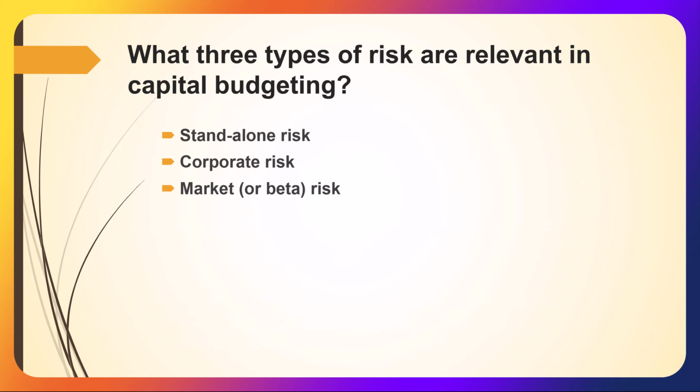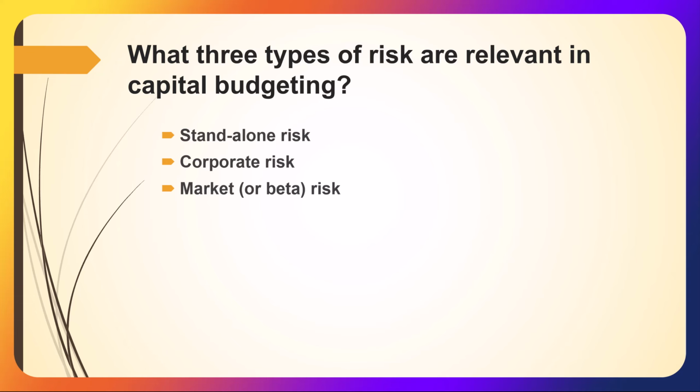So there are three basic types of risk that are relevant to capital budgeting. Standalone risk, that's if the asset is viewed in isolation. Corporate risk looks at the impact of this project on firm earnings. And then market risk, that's the effect on shareholders that have diversified portfolios.